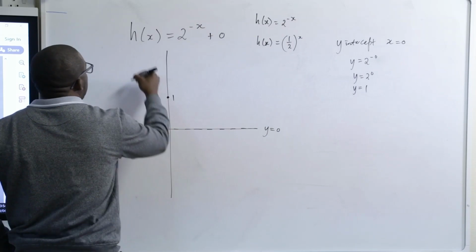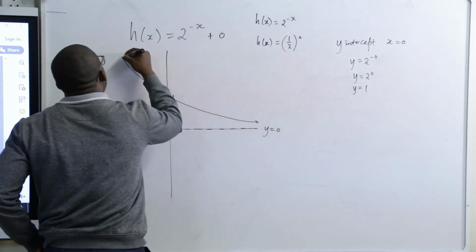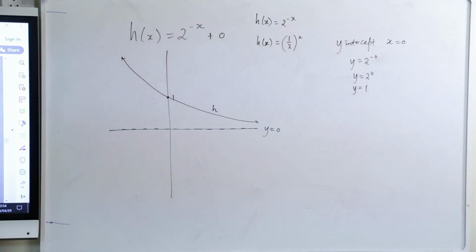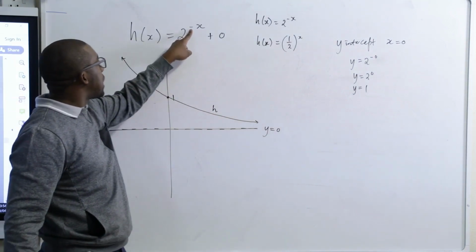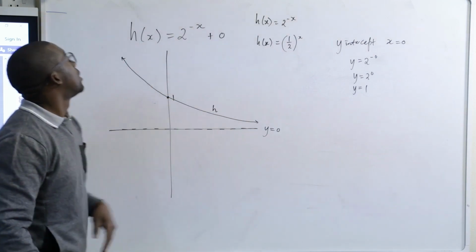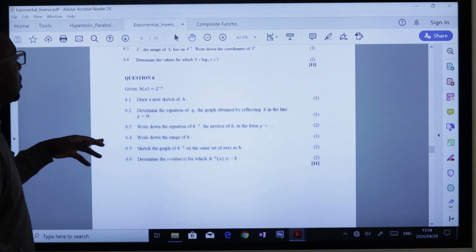If it's decreasing, then it's going this way. This is the function of h. It's a decreasing function because of this negative. This negative, using laws of exponents, would have made the base a fraction, and so it's a decreasing function.